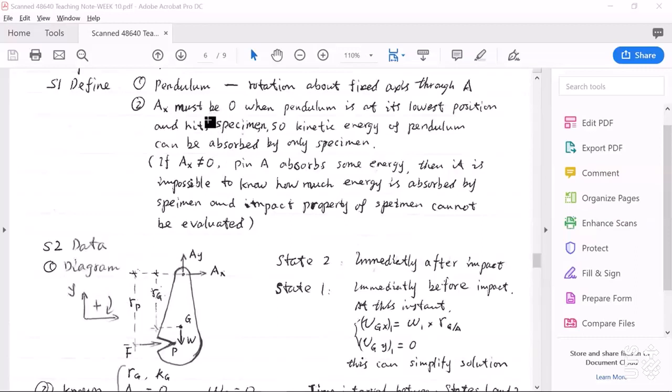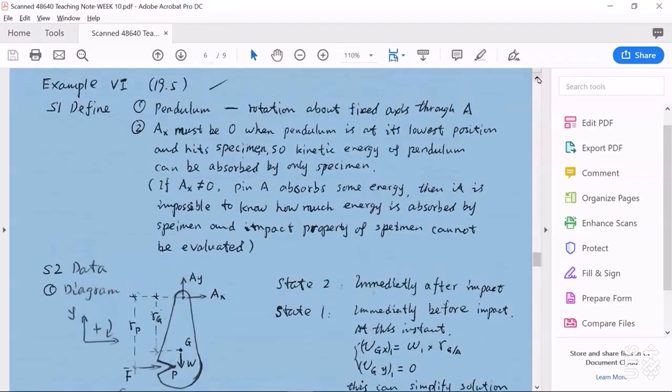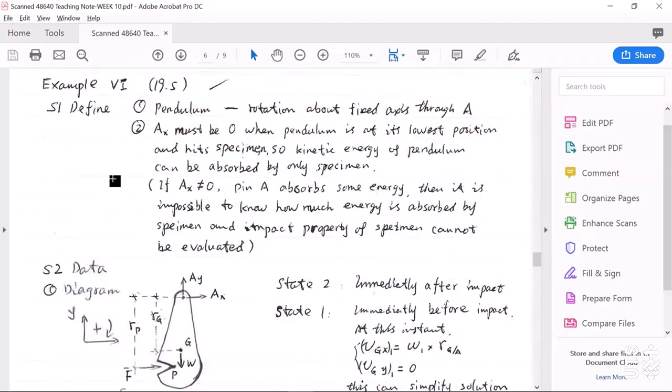Okay, now the solution. So firstly, we can define this problem. We know this pendulum rotates about a fixed axis through pinpoint A. When this pendulum hits the test specimen, if there is an impact occurs at this pinpoint A, this impact force must be along horizontal position.